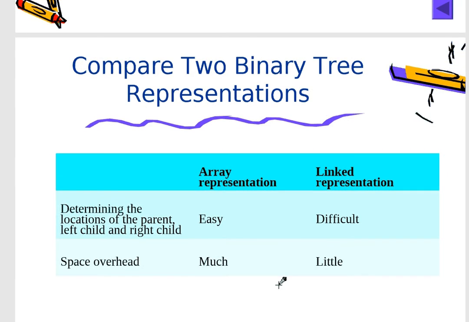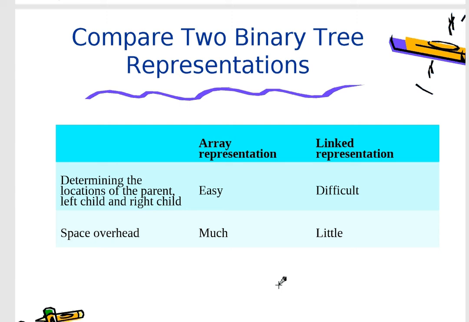If you are comparing the two binary tree representations, array and linked, in the array representation determining the location of the parent, the left child and the right child is easy, while in the linked representation identifying the parent and the left and right child is difficult.